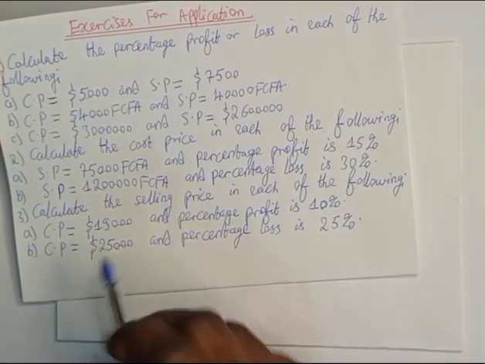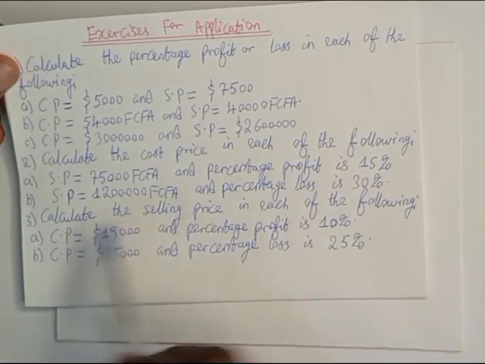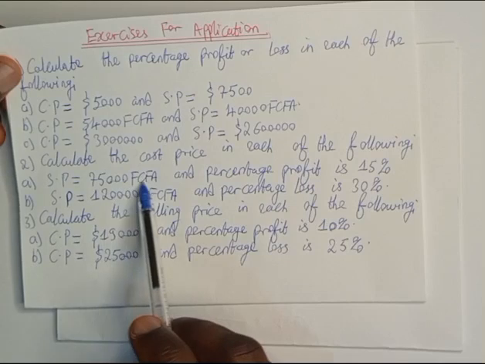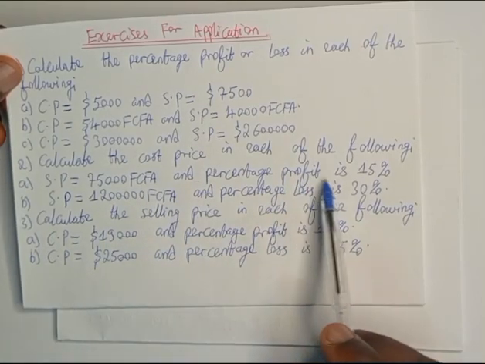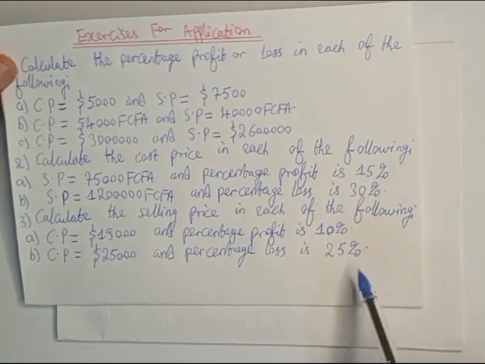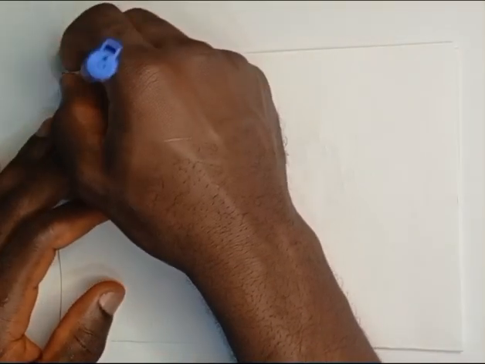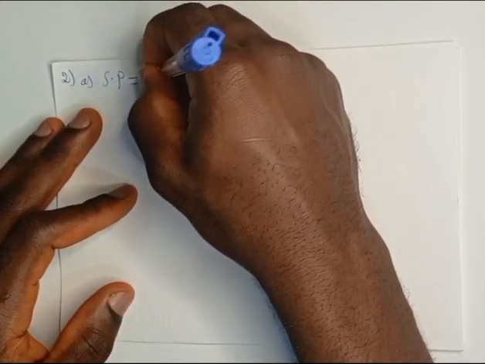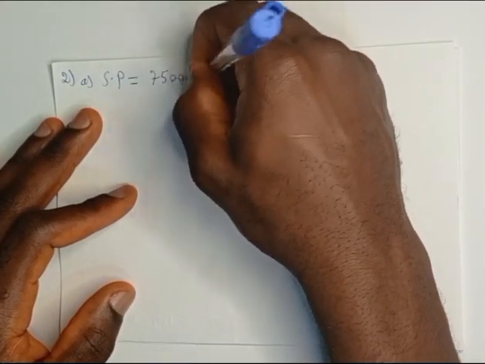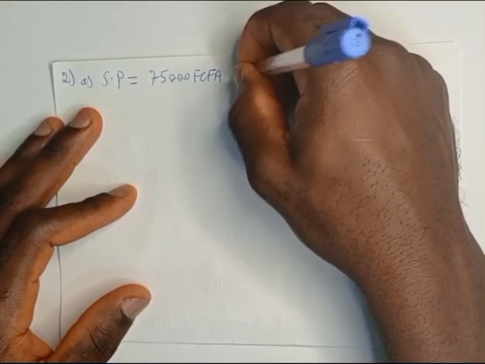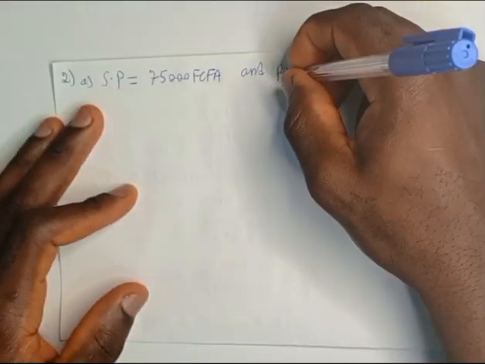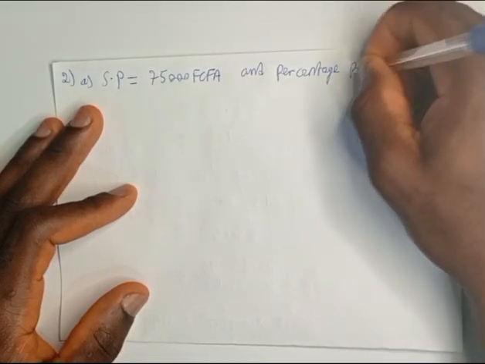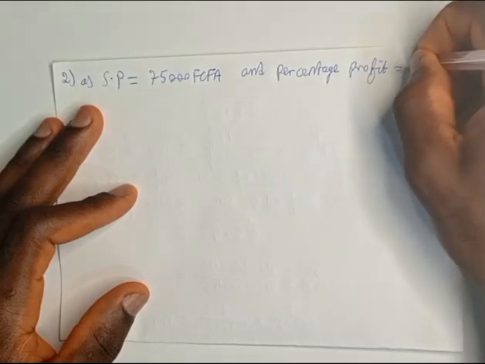For question 2, calculate the cost price in each of the following. A, we have a selling price of 75,000 francs CFA and a percentage profit is 15%. A, selling price equal to 75,000 francs CFA and percentage profit is equal to 15%.